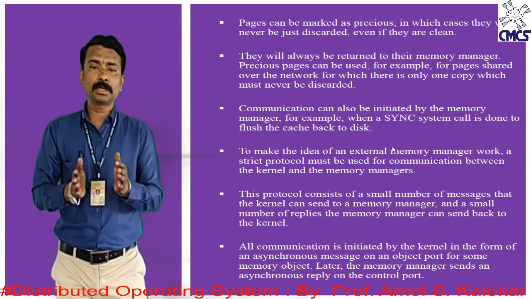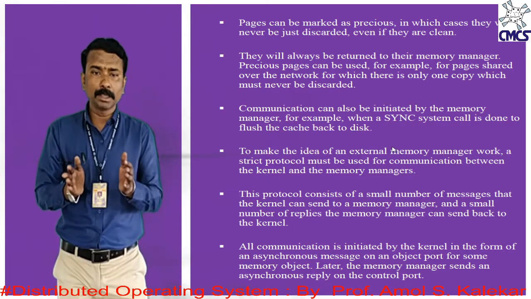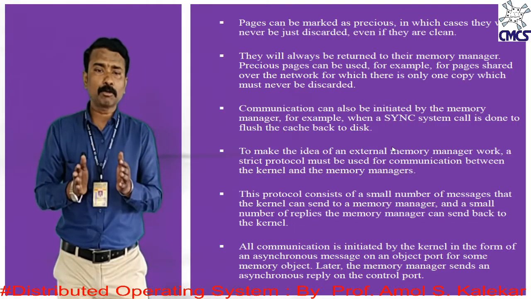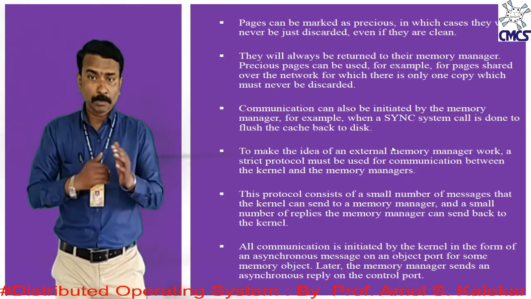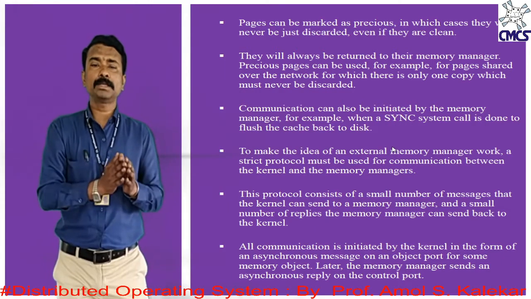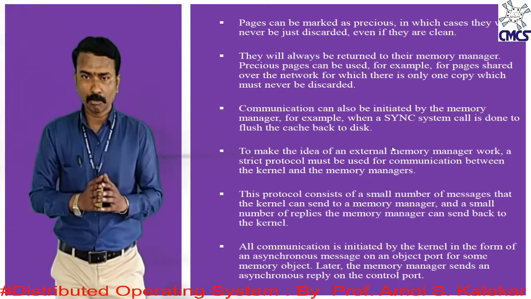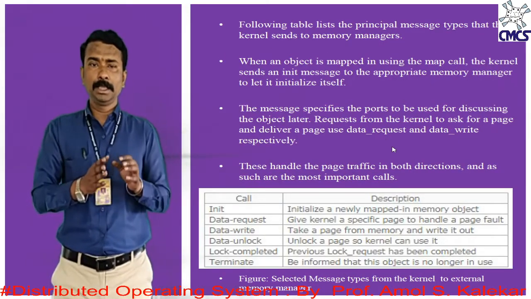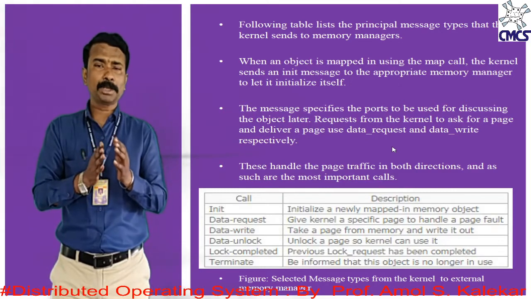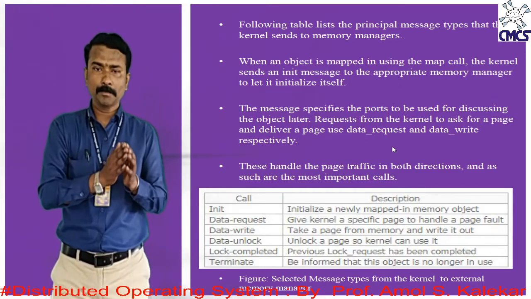All the communication is simply initiated by the kernel in the form of an asynchronous message on the object port of some memory object. Later the memory manager sends an asynchronous reply on the control port. Now, as you can see in the figure, there are the principal message types that the kernel sends to the memory managers.